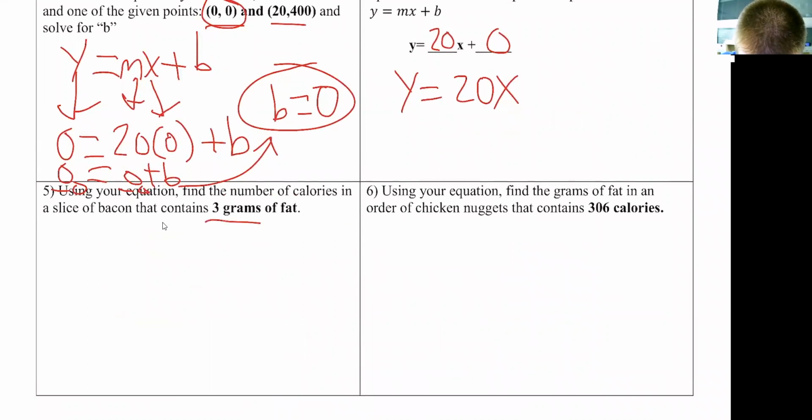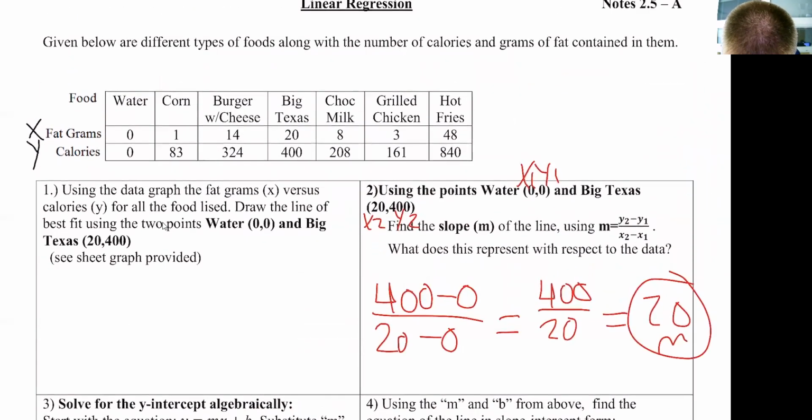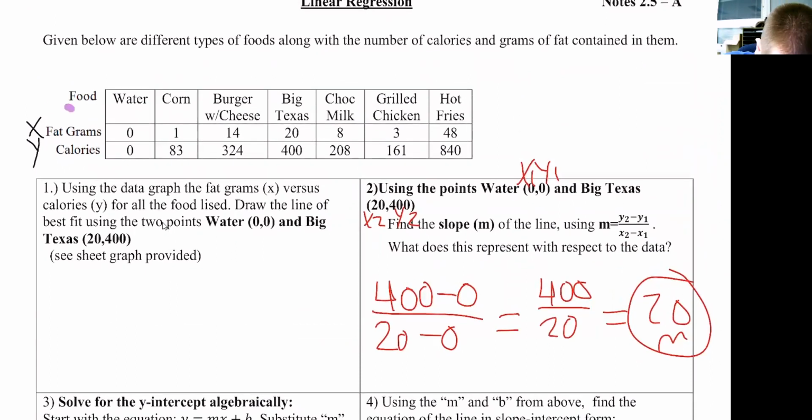The first thing you always want to be careful about: they said, using your equation, find the number of calories in a slice of bacon that contains 3 grams of fat. First thing you always want to pay attention to, what variable are they giving you? Grams of fat is an x value.